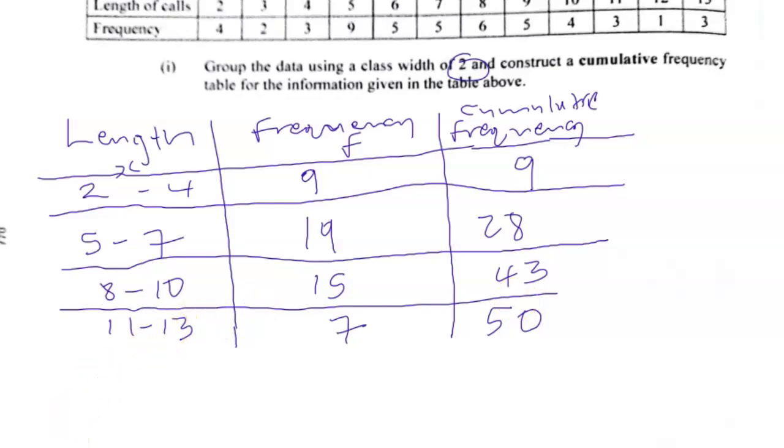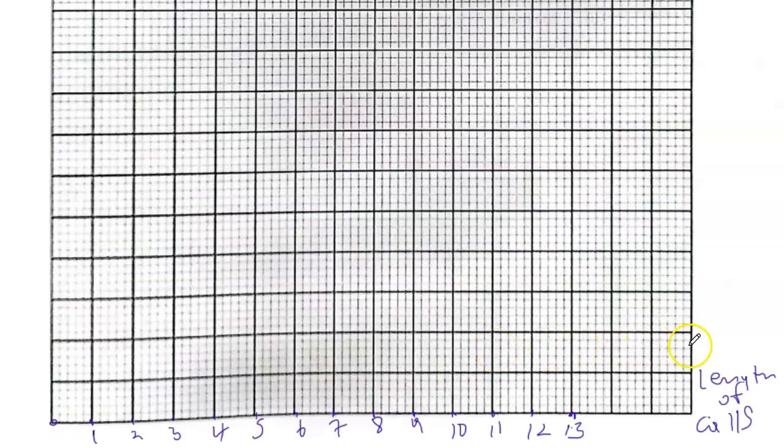So let's label our graph. The length of calls goes up to 13. The cumulative frequency on the vertical axis goes up to 50. I'll count by 5, so 10, 15. Let's stop at 50.